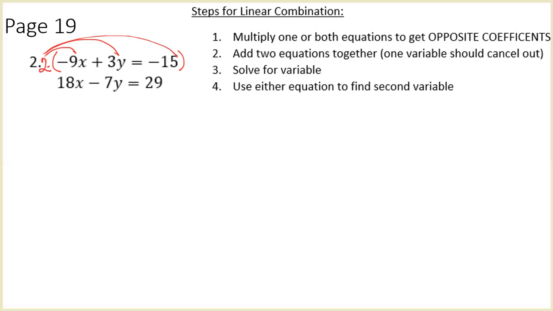So that's going to give me -18x plus 6y equals -30. So I just took that top equation and multiplied it by 2 because I'm trying to achieve opposite coefficients. Now I don't need to do anything with the second equation, I'm just going to rewrite that one.